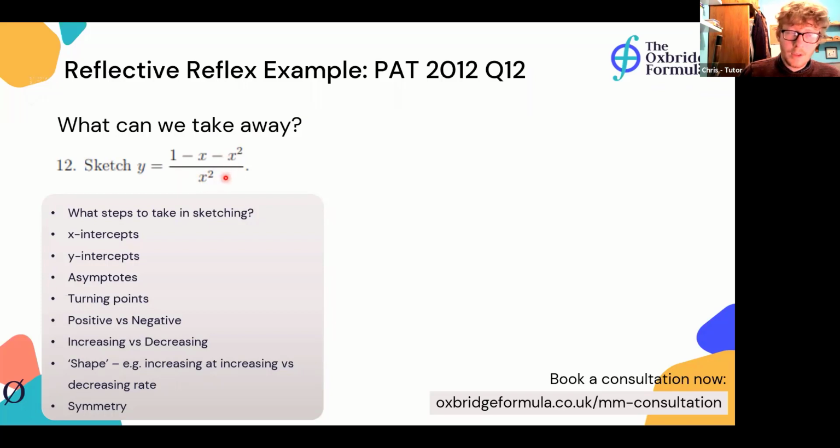Especially on the bottom, because at the moment it's quite simple, it's just x squared. If I make that more complicated, how does the graph change? We also saw that we got asymptotes and intercepts from the roots of the quadratics. So what happens if we change the number of roots on the top or on the bottom? And further than that, what if we move away from quadratics? What if we have a cubic and a quadratic, or two cubics? What happens then? Okay, that's really interesting.